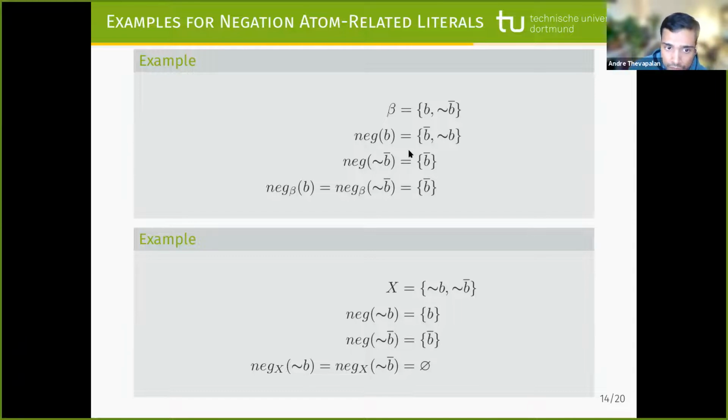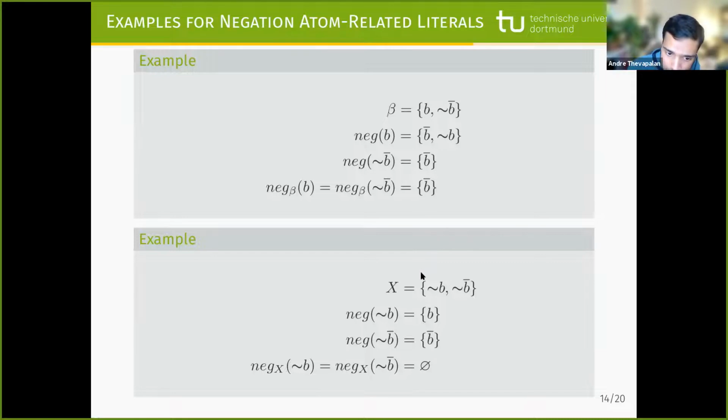Since B bar covers both of the literals, it suffices to take B bar only, so that we don't get redundant literals in our lambda extension. And this shows why dual literals can be used in blankets.